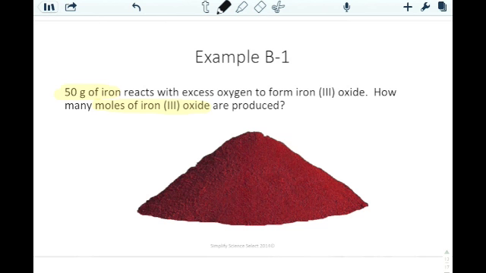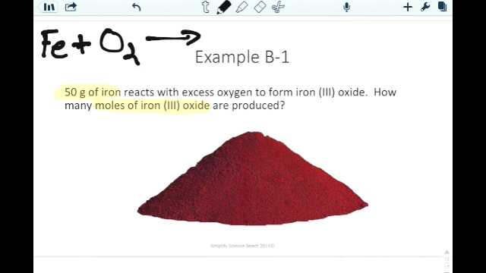Okay, so what do we have? Well, we have our iron reacts with excess oxygen. So iron is Fe. Anytime we write an element, we check, is it a diatomic? Iron is not. It's reacting with excess oxygen, which is O. In this case, is oxygen a diatomic? Yes, it is. So we put O2.